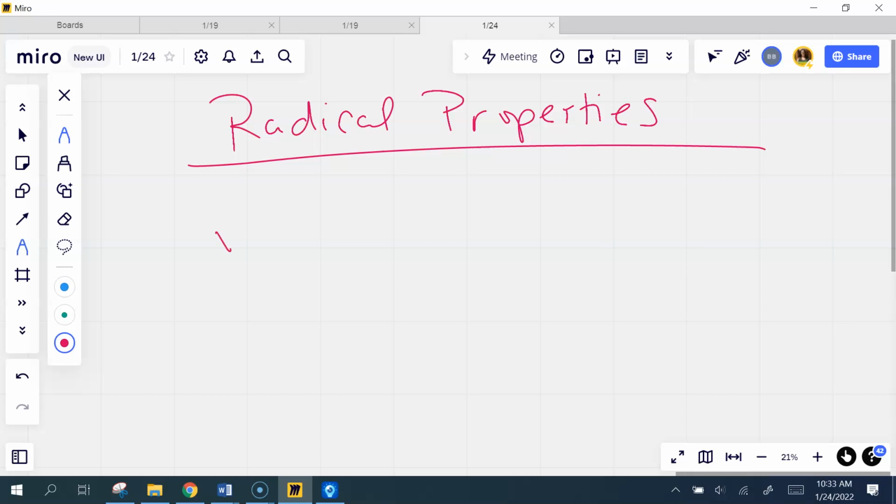The first one is a multiplication property. And it says that if I'm multiplying 2 things together under a radical, I can split them up. Still multiplying, but I can split that radical into 2.